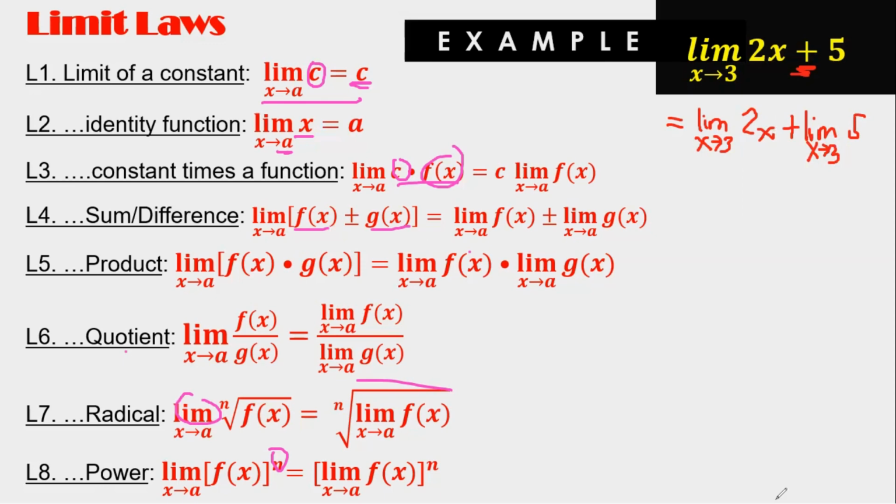Okay, so let's have the next one. For the next step, actually, we can still apply the limit law of a constant times a function, but either way, we can proceed to the next step. Applying the limit of a constant times a function, it becomes 2 times limit of x.